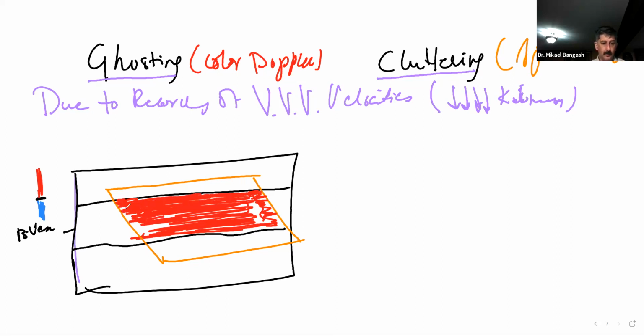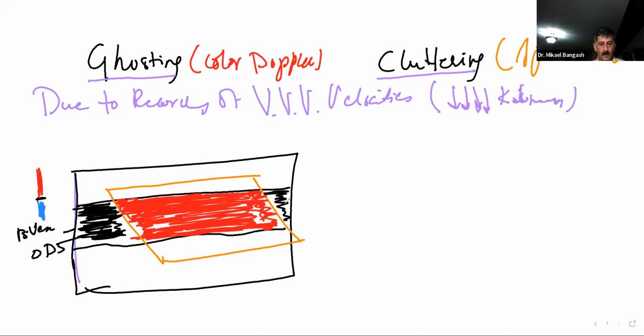But normally it's only within this box here that the Doppler shift will be recorded. So what you will see is that outside this box, and the blood vessel, this would be zero Doppler shift.